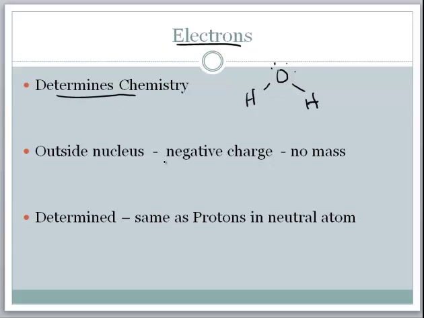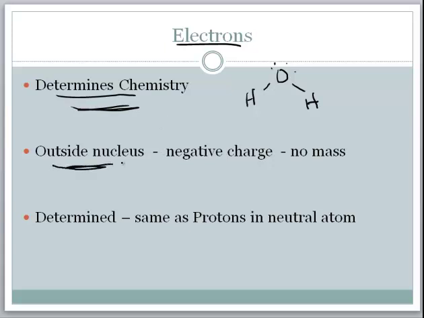So in a typical type of bond, the electrons might be transferred completely. In a different type of bond, the electrons might be shared. But it's those electrons that are determining the bonding, which is what chemists study.